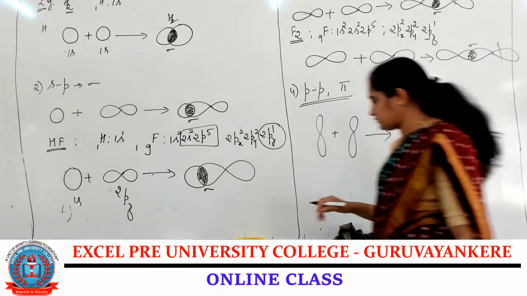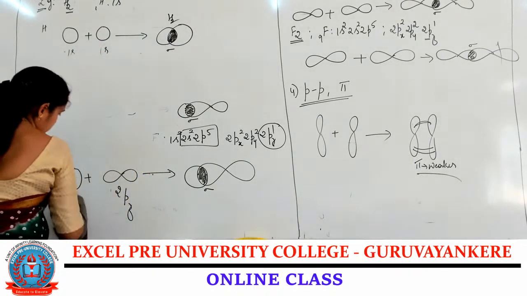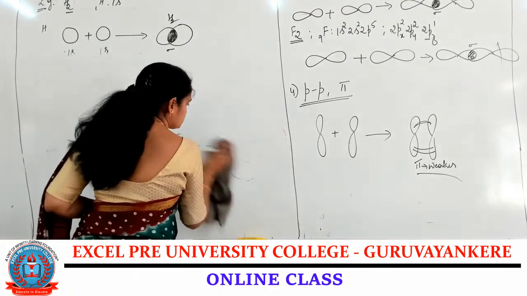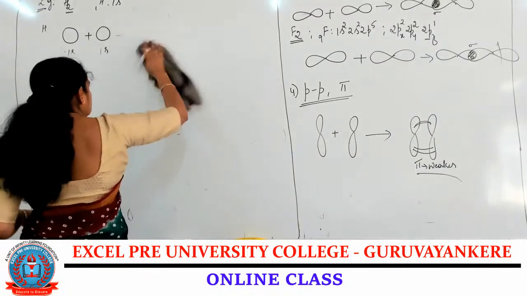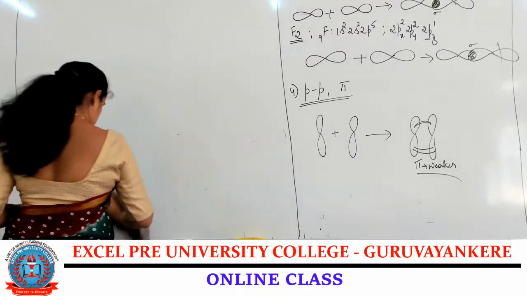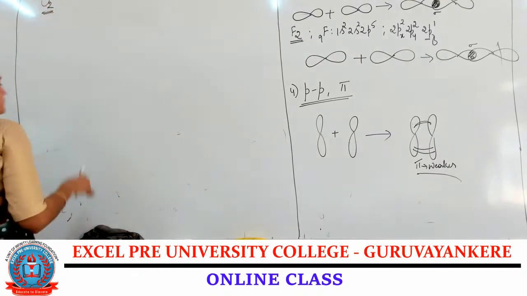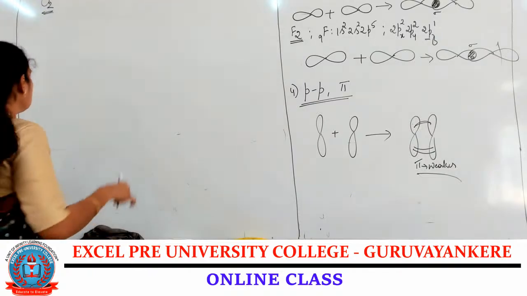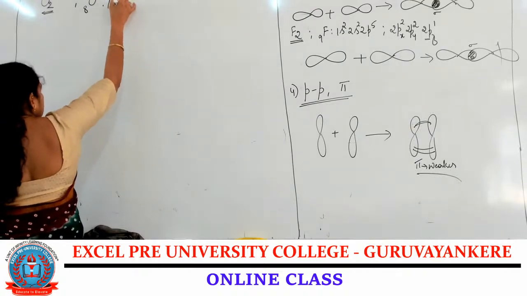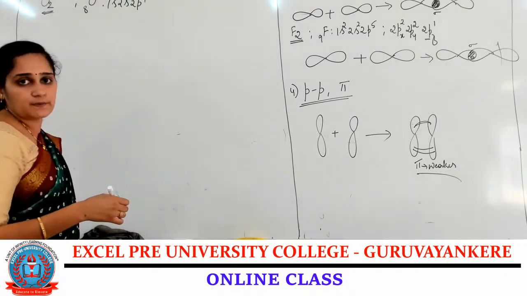Let me take an example. Formation of a pi bond with the oxygen molecule. Then writing the electronic configuration 1s2, 2s2, 2p4.